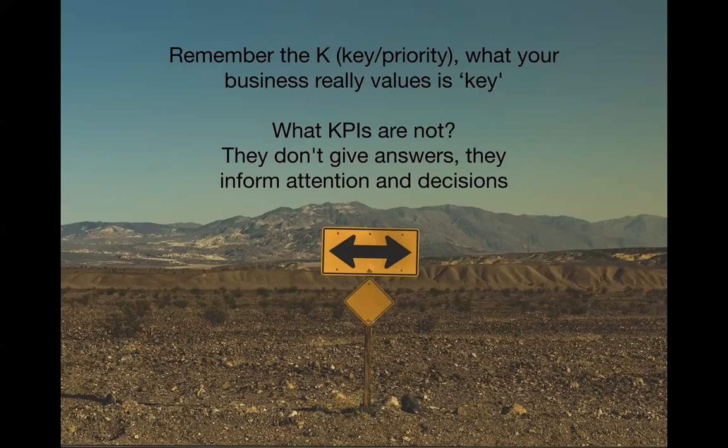These are not the things that turn the information you receive into intelligence that can inform better decisions, but they do inform where you need to be putting your attention.